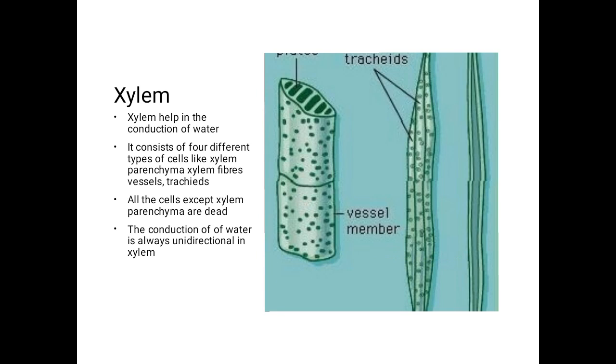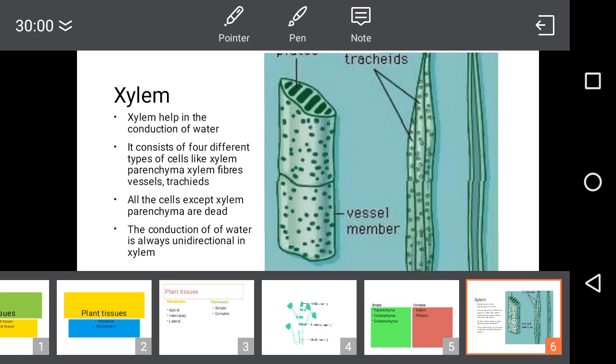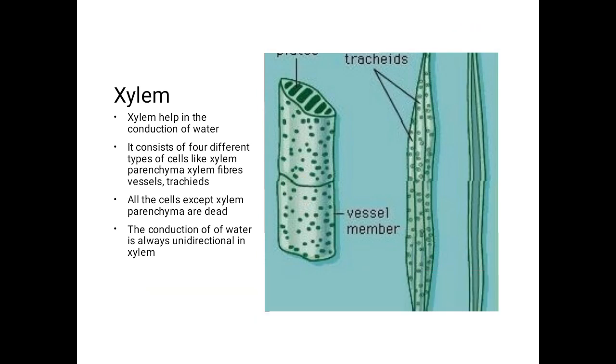They are xylem parenchyma. All the other cells like xylem vessels, xylem tracheids, and xylem fibers, these all are dead cells. Only one type of cell is living in xylem, that is xylem parenchyma. They are parenchyma cells associated with xylem.